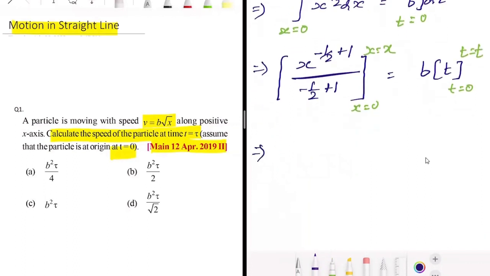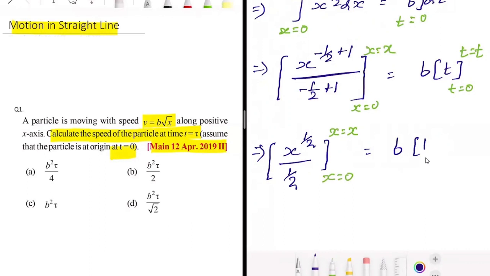So this gives us x to the power half upon 1 by 2 evaluated at x is equal to 0 and x is equal to x, and b t evaluated at t is equal to 0 to t is equal to t.